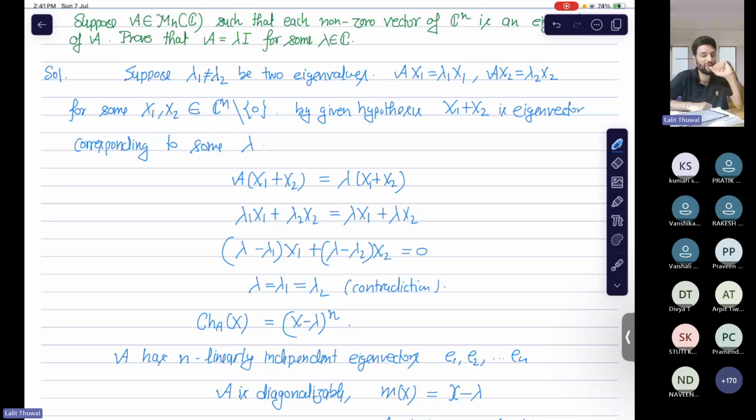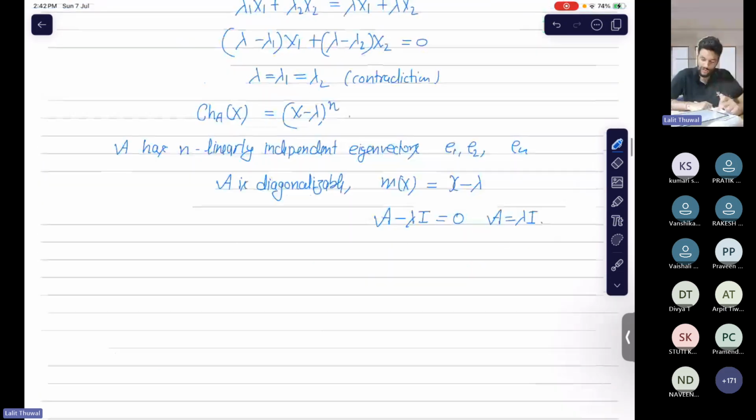And one more thing is that a matrix is diagonalizable if and only if the geometric multiplicity of each eigenvalue is equal to its algebraic multiplicity. Right? These three results are very important in the diagonalizability of matrices. So using these, you can solve the problems. Every time you will see that I would be using one of these. Okay. So let's move ahead.